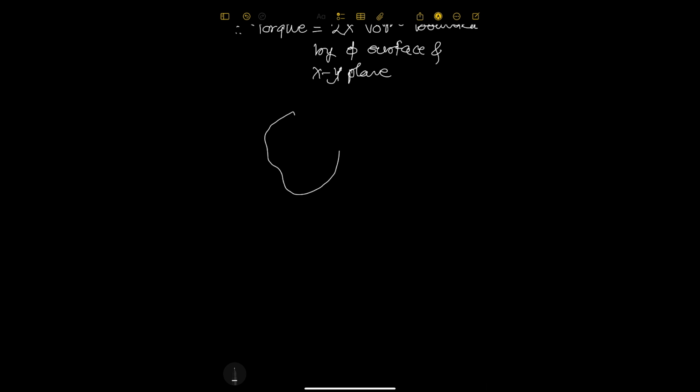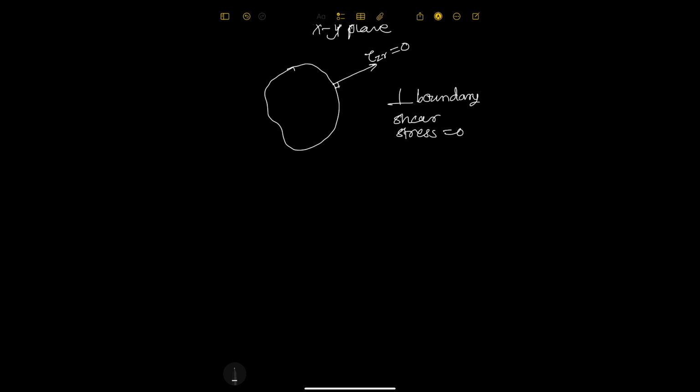The next point about this cross section is that on the boundary, perpendicular to this boundary, the shear stress tau zr is equal to 0. So perpendicular to the boundary, shear stress is equal to 0, and if torque is applied in this direction, the shear stresses act along the boundary.